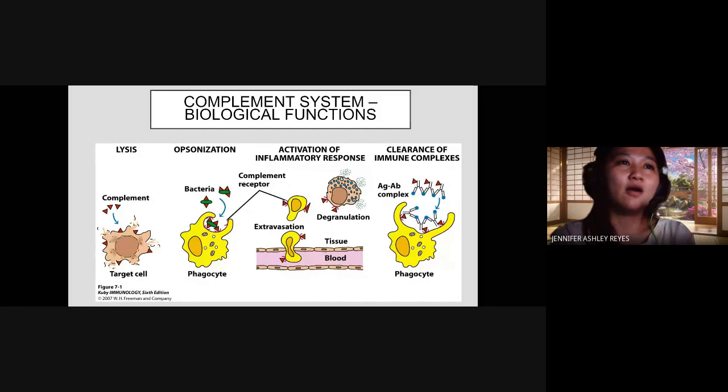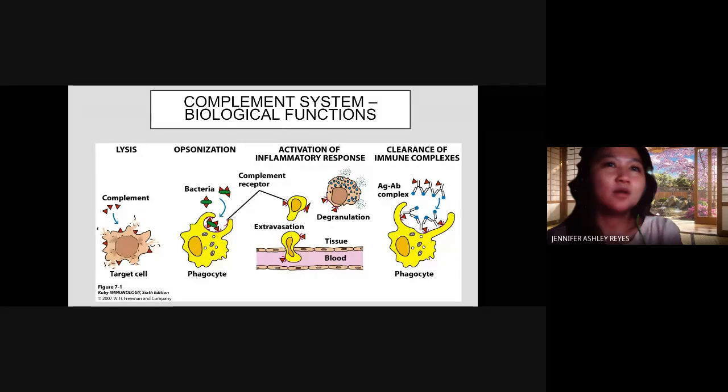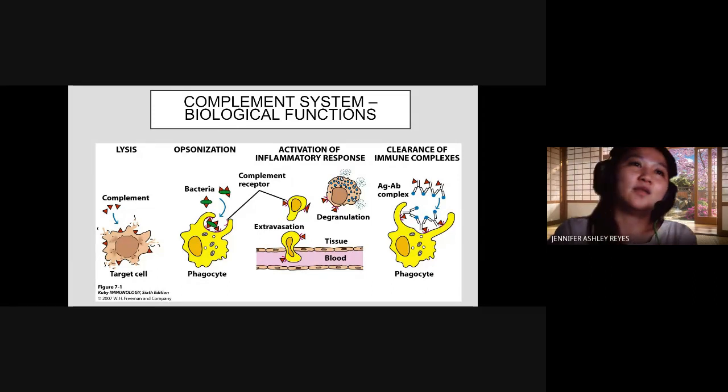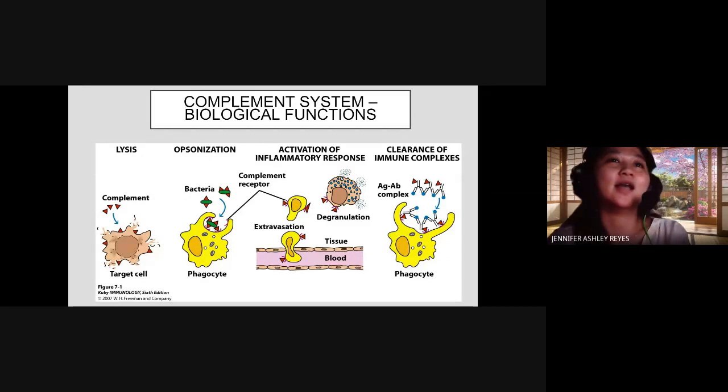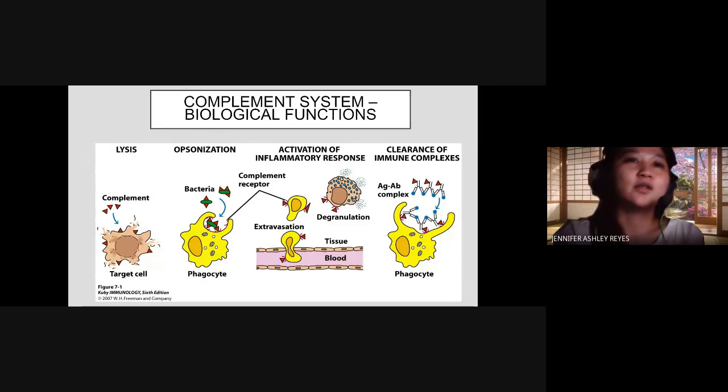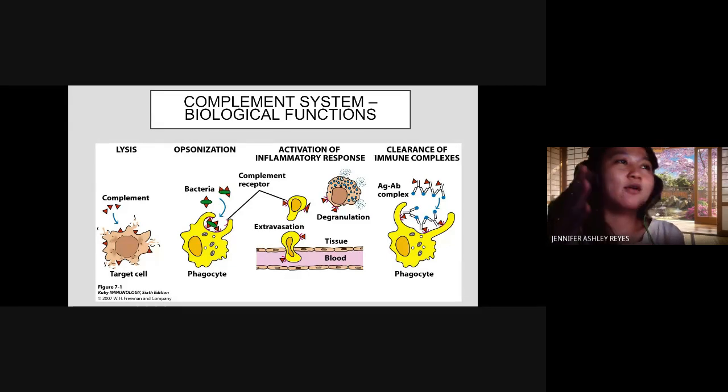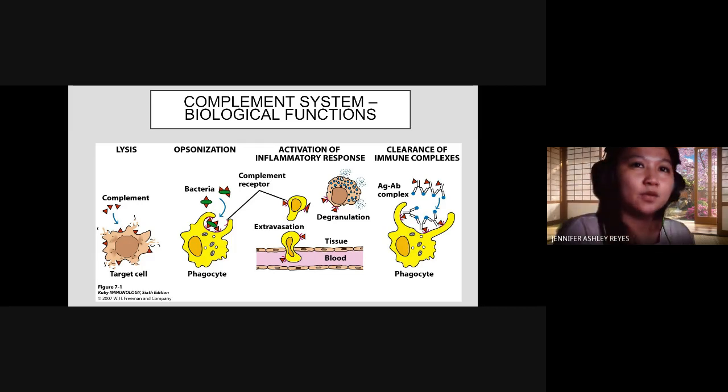So, always remember, pag may immune complex na nabuo, most of the time, if not all of the time, it will call a complement activation or elicit an immune response. So, that's why minsan mas evident or mas may moderate symptoms, if not severe, ang second dengue kesa sa first because of previous coating.